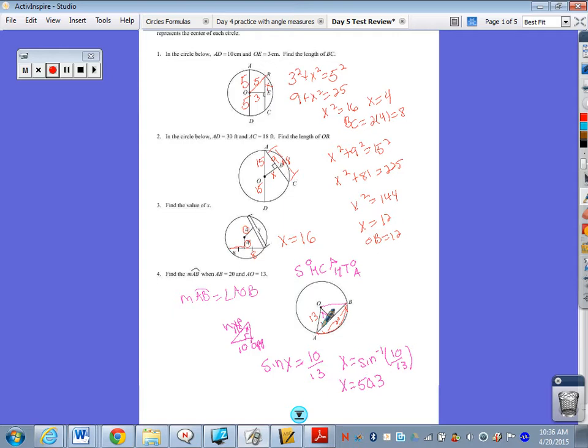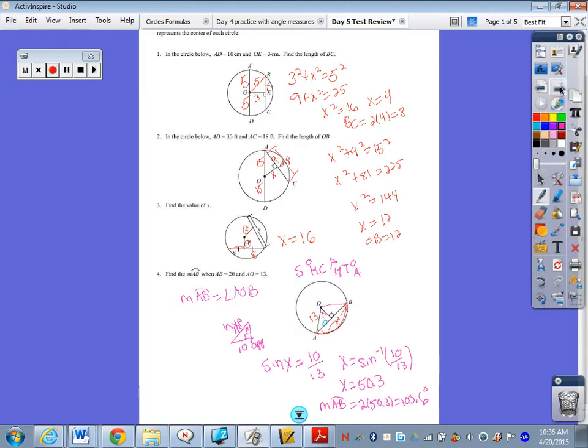And then remember, that's only this piece of O, so the other piece is equal. So to get the whole measure of the arc, we need the whole angle, which is times 2. So you get 100.6. And if you're not sure, we did a bunch of those on, I believe, day 2 or day 3. So look back and find that.